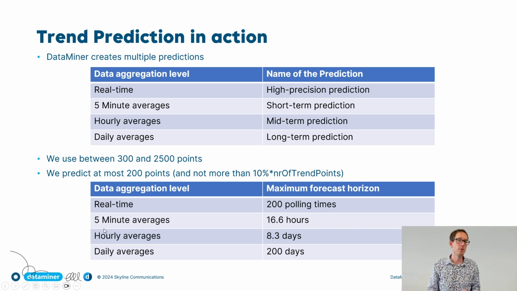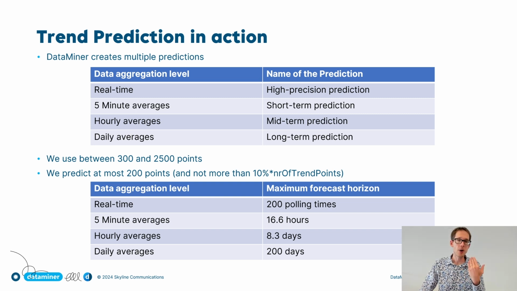If you're looking at the 5-minute average data, then we can predict up to 200 times 5 minutes, which is 16.6 hours into the future. For hourly data, we can predict 8.3 days into the future. And using daily data, we can predict 200 days into the future. Of course, the flip side is that you only predict 1 point per day.